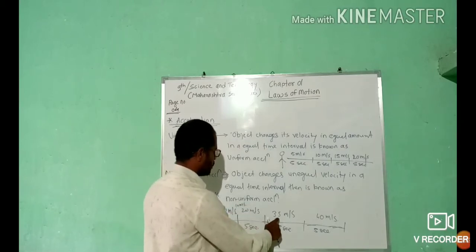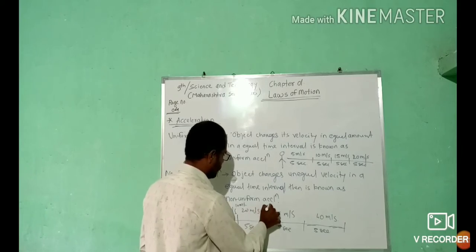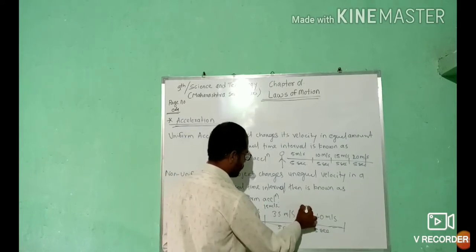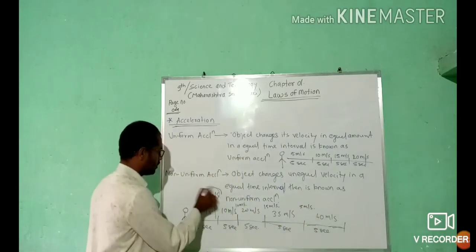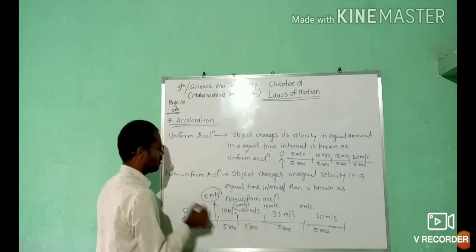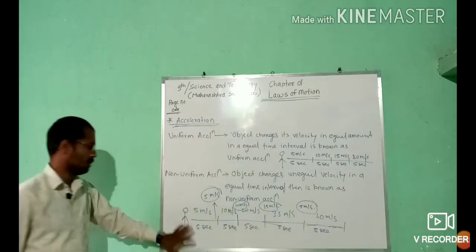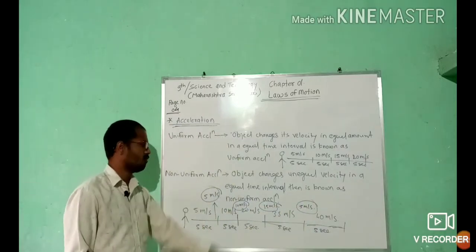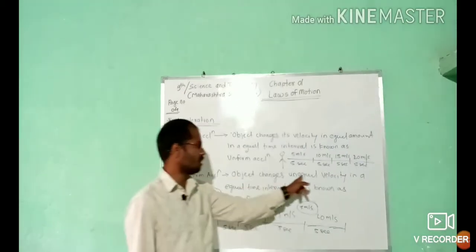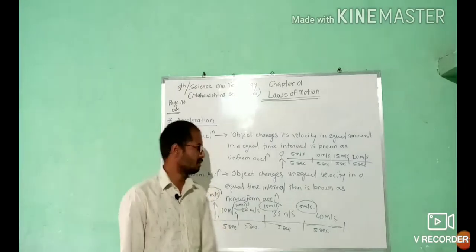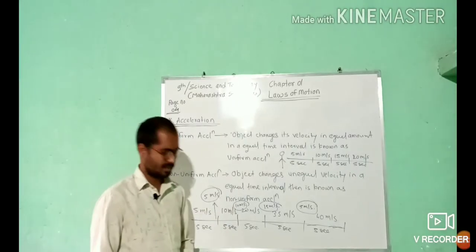Then in the third case 35 minus 20, 15 meter per second. Then there is 40 minus 35, 5 meter per second. So the change in velocity is different here, first 5, then 10, then 15, then 5. That case is considered non-uniform acceleration, when the object changes velocity by unequal amounts in equal time intervals, that is known as non-uniform acceleration.